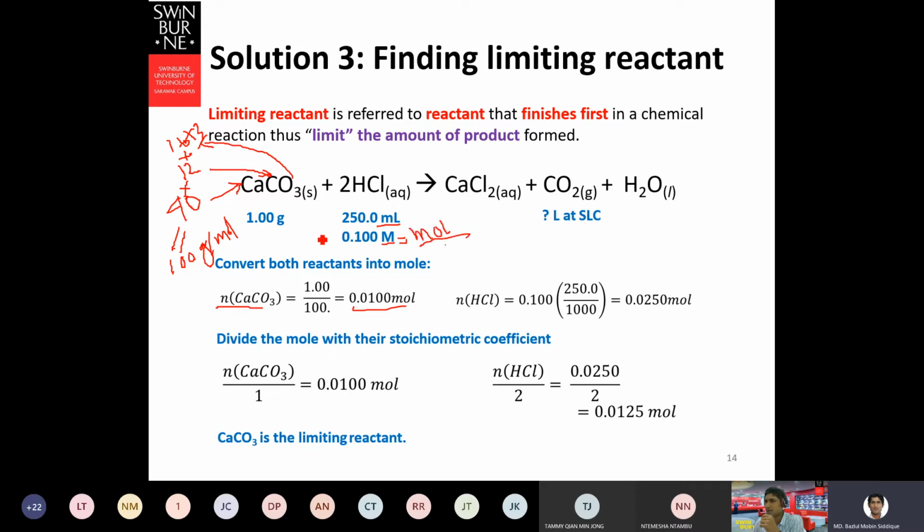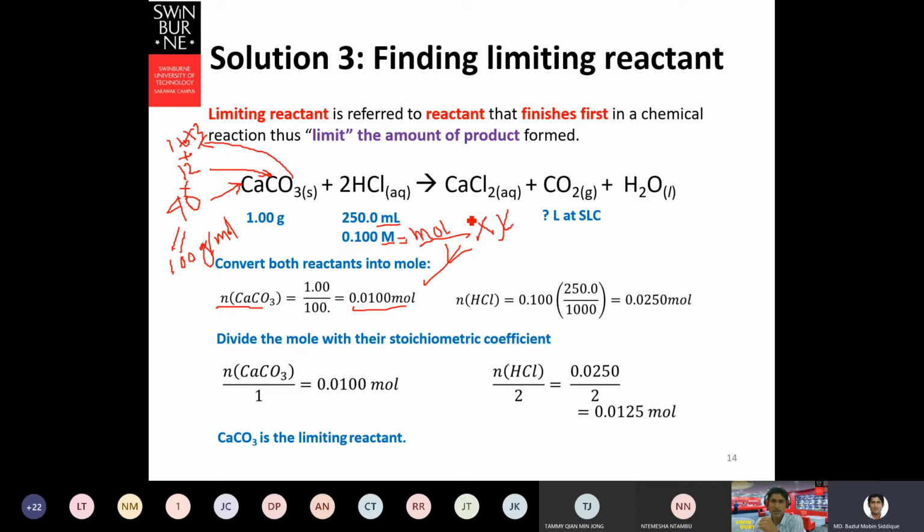If I multiply it with liter, then this liter will cancel out, only the mole will be left. So from there we will find how many moles of HCl there are. So I have to convert it from 250 milliliter to liter first.